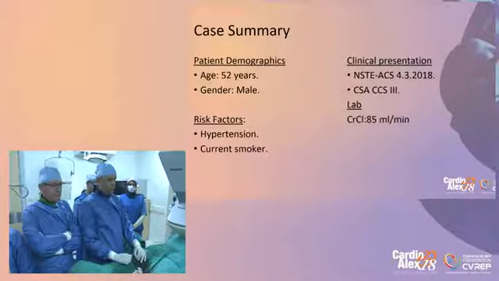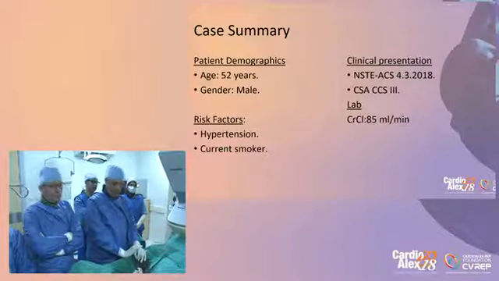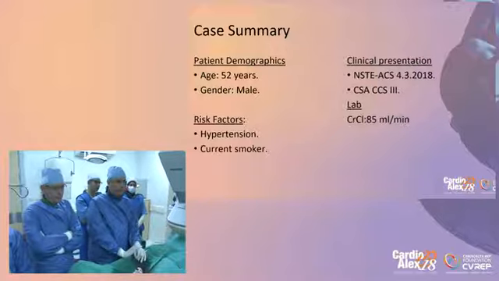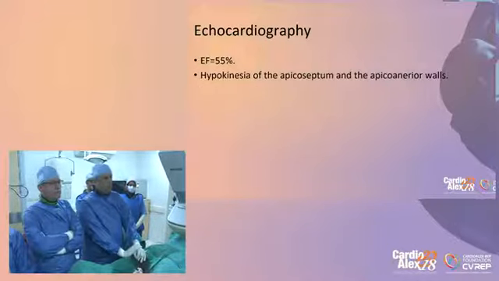Good morning, Dr. Sobhi. Good morning, Chairman and distinguished audience. Our case today is a 52-year-old male patient. He's hypertensive and a current smoker. He presented on the 4th of March 2018 with non-ST segment elevation acute coronary syndrome. Thereafter, he complained of angina class 3. His lab tests showed good renal functions.